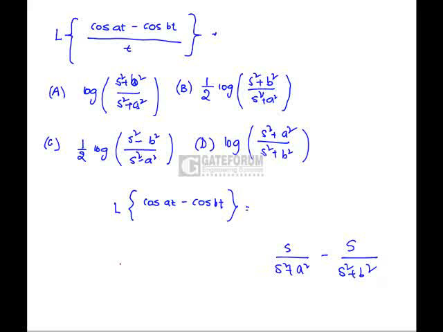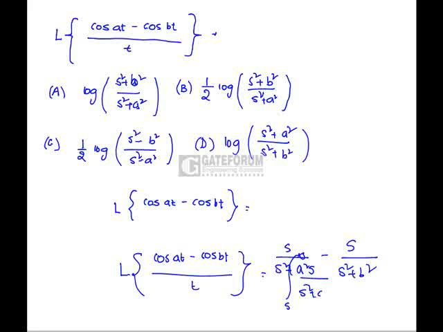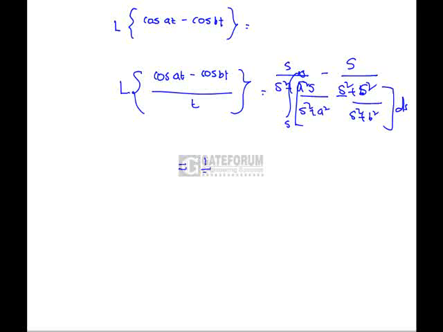So if it is (cos at minus cos bt) divided by t, it means integration of these terms from s to infinity, of s by (s square plus a square) minus s by (s square plus b square) ds, which is 1 by 2 log of (s square plus a square) minus 1 by 2 log of (s square plus b square), from s to infinity.